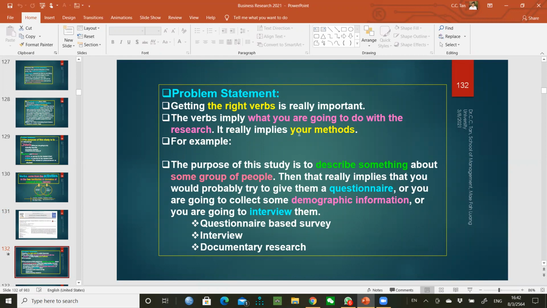The verb implies what you're going to do with the research, whether on the information side, and it also justifies the methodology, as I just explained through the statements. You can use quantitative. You also can use qualitative.